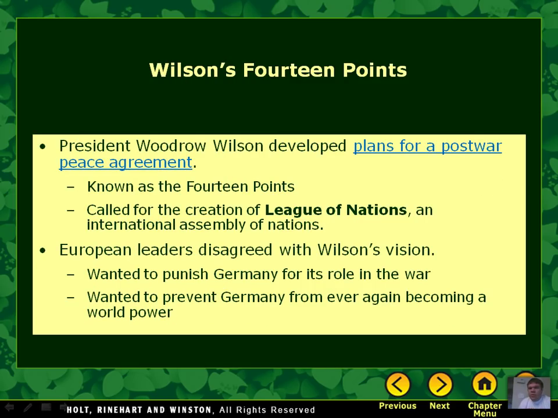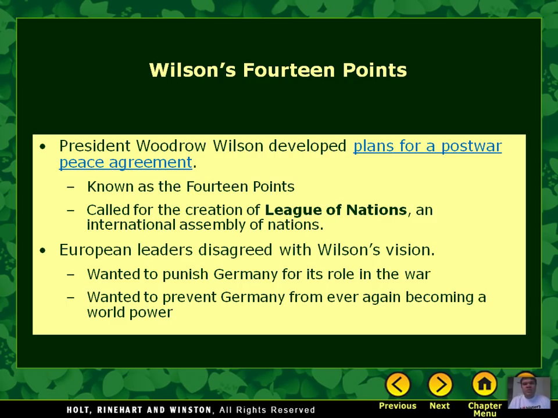Now, at the end of World War I, President Wilson and the United States comes out of World War I as a world power. The United States, because the war didn't happen here in the United States, it happened over in Europe, all of our factories were still up and running, and we could then help to rebuild Europe.